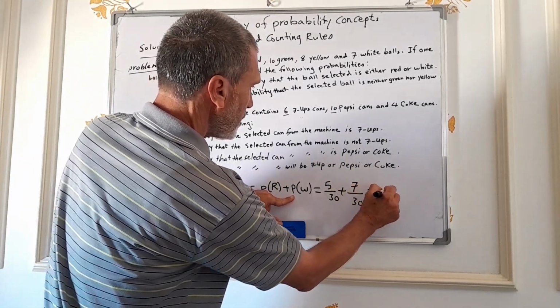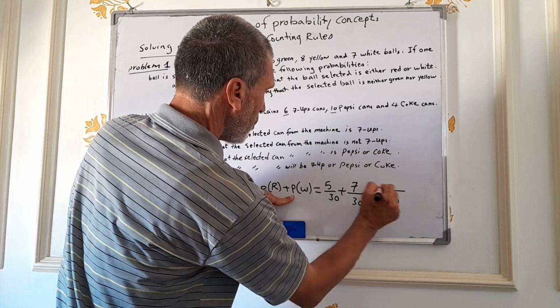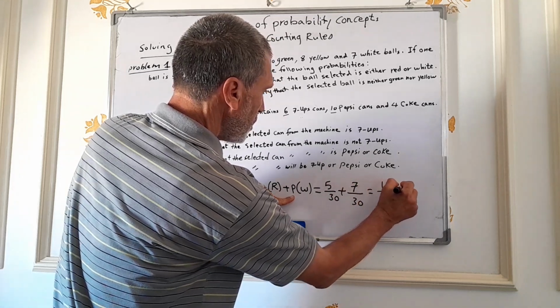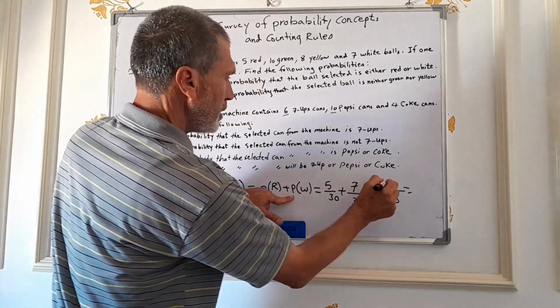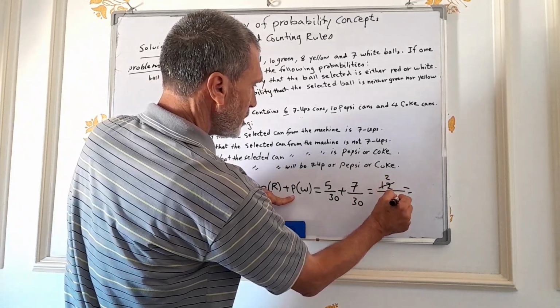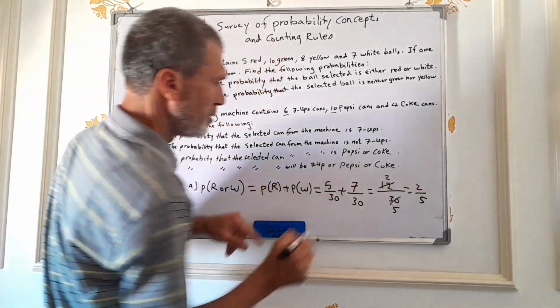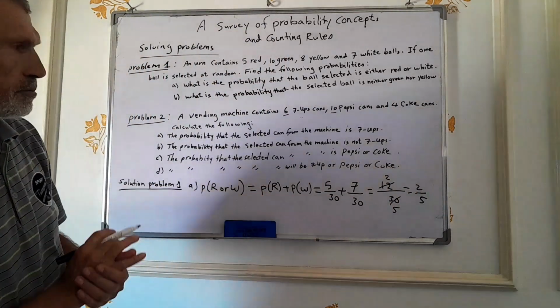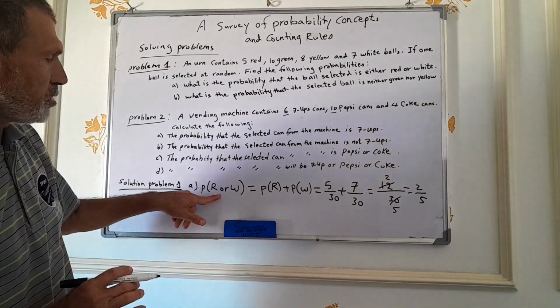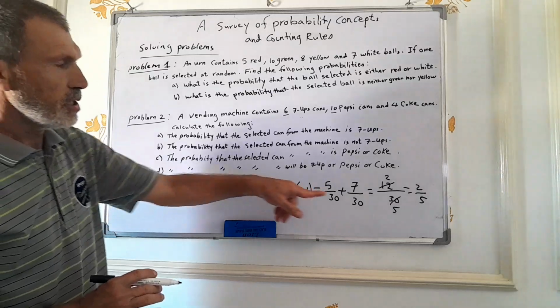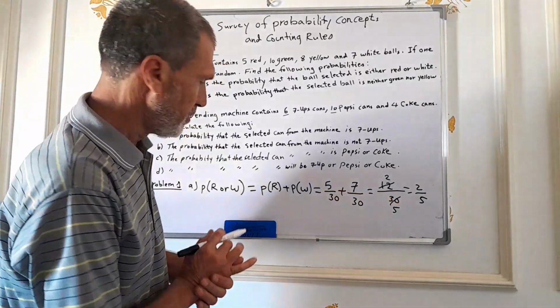We come up with 12 over 30, which is 2 over 5. Okay, so the probability of red or white is going to be equal to 2 over 5.